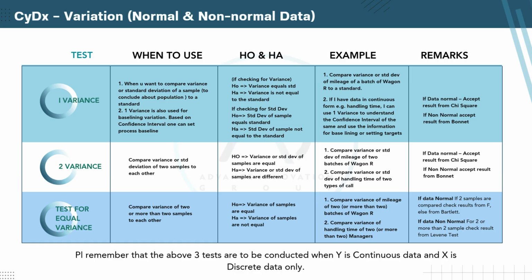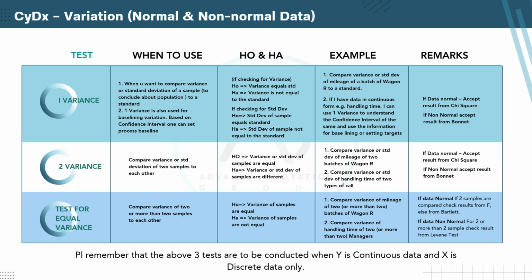If checking standard deviation, H0: standard deviation equals the standard; Ha: standard deviation is not equal. Example. Comparing mileage variation of a batch of Wagon R to a defined baseline, or using historical standard deviation to understand consistency over time. Remarks. If data is normal, use the chi-square test. If data is non-normal, use Bonett's test.